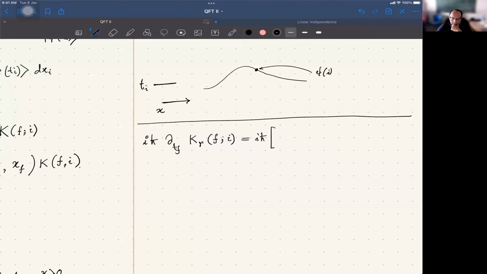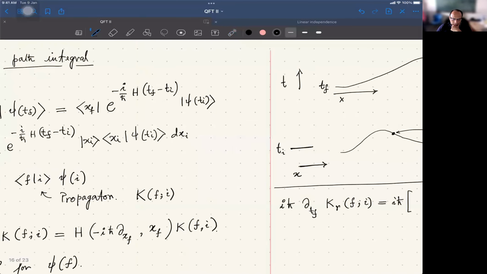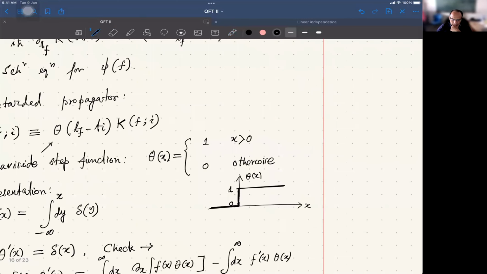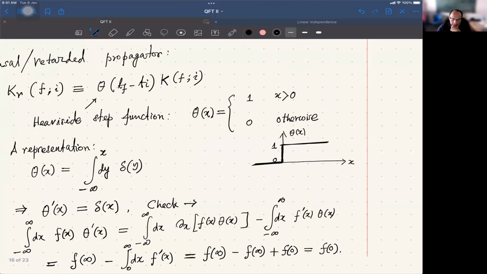Recall that K_R is nothing but this theta function times K. So when you take a derivative with respect to t_f, it first acts on this and then acts on that. So there are two terms. When it acts on the theta function, it gives you a delta function.